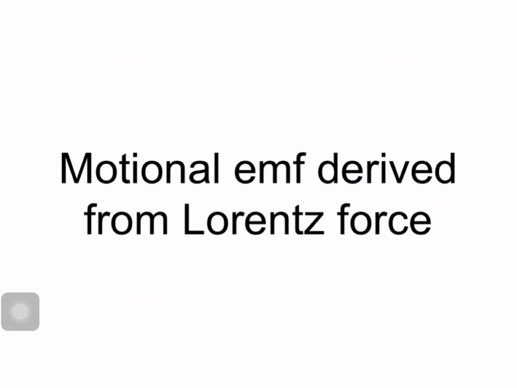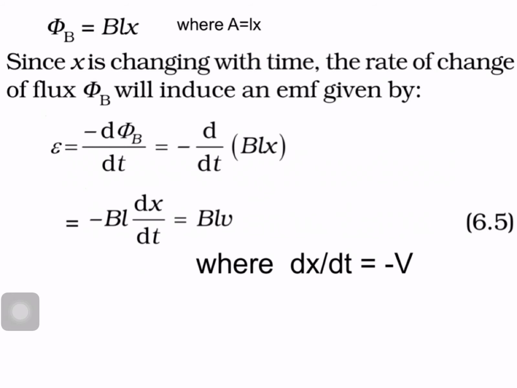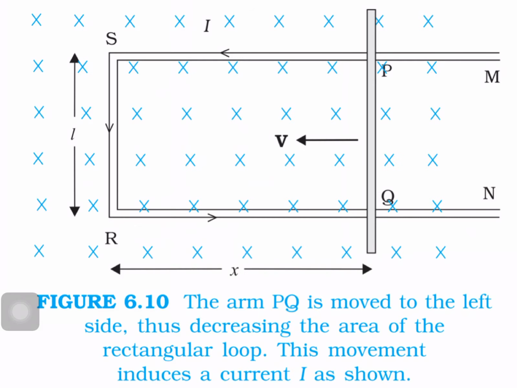The motional EMF can also be derived from the Lorentz force. Lorentz is one of the scientists. He gave the idea about the force acting on a charge when it moves in a magnetic field. Let us consider the diagram. According to the Lorentz force, consider PQ is a conductor having some charges.